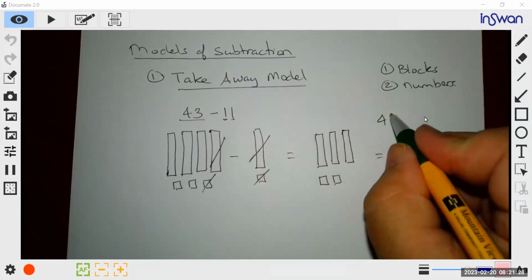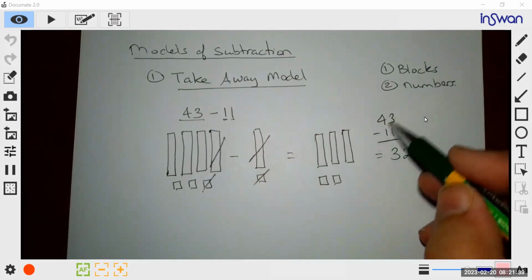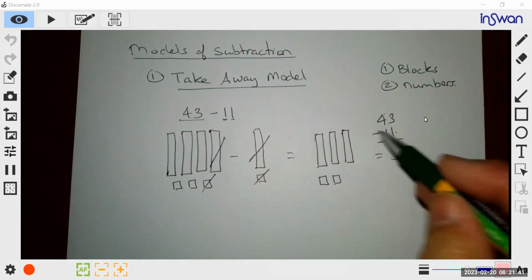So 43 minus 11 is 32. Which is exactly how we do it algebraically. 3 minus 1 is 2, 4 minus 1 is 3.